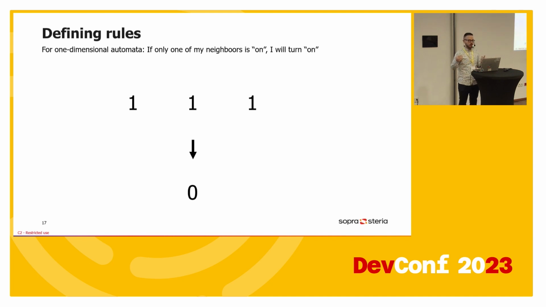And here, if we consider 3 cells, every cell can have state 0 or 1, and all of them return some other state, which in this case, for example, is 0. So the question is, how many possible combinations can we have of those particular cells? We have 3 cells, each of them can have 0 and 1. How many combinations can we figure out based on this? It's a question for you.